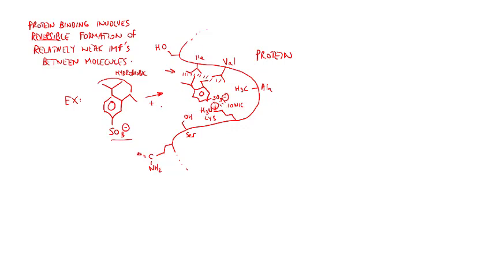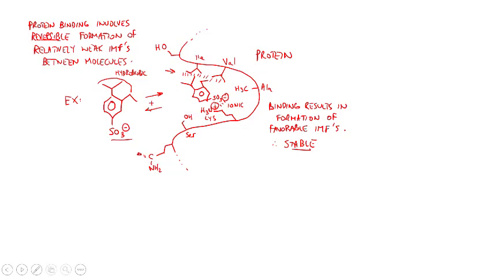Now, this binding interaction isn't super strong. It's going to be reversible, right? But as long as the small molecule is bound, we've formed some favorable intermolecular forces. And therefore, the bound structure is going to be stable to some extent.